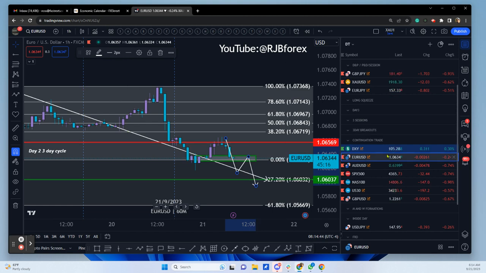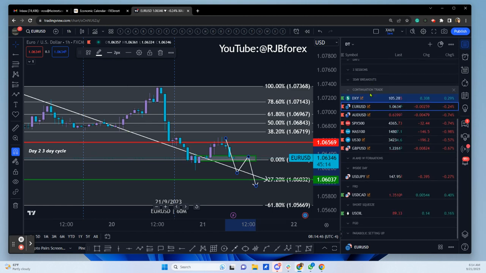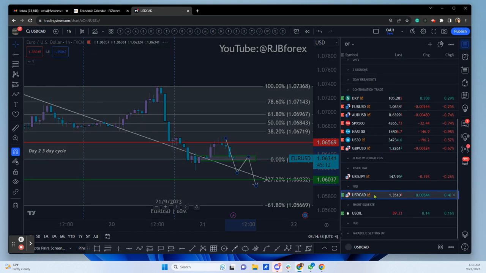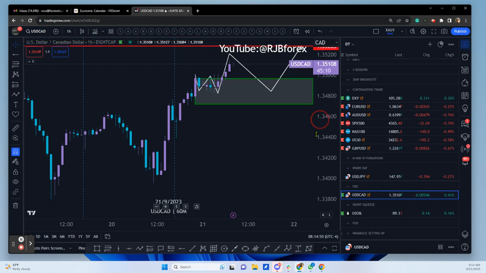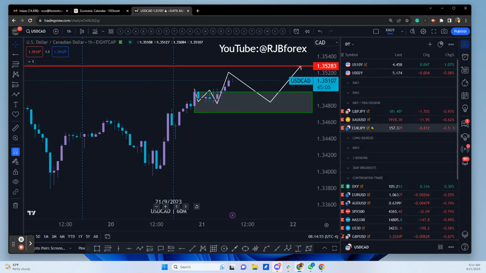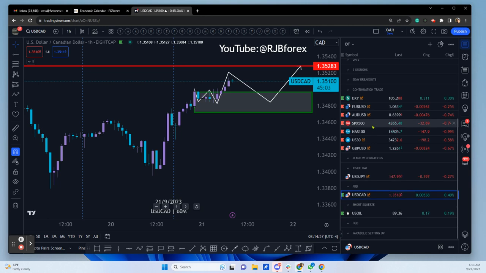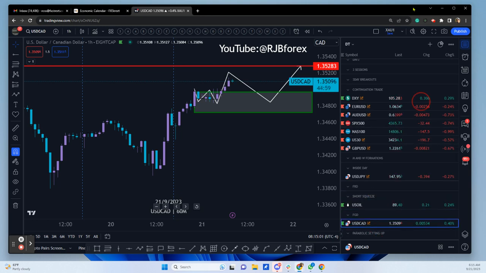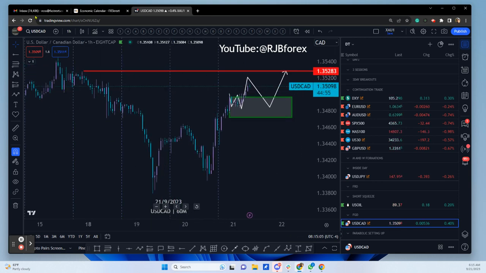Dollar CAD, I'm being asked. Dollar CAD, first red day. No, it should be first green day. There we go. So yesterday closed higher for the first time in a number of days.